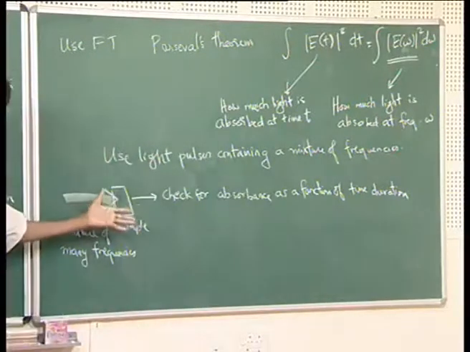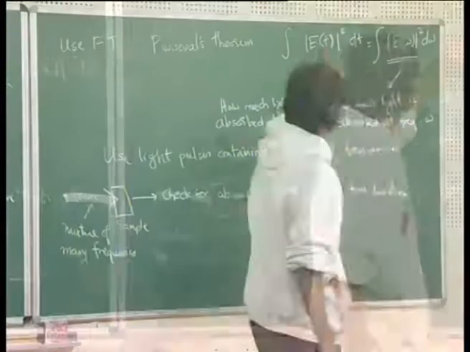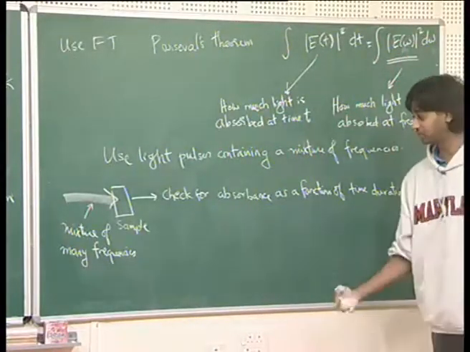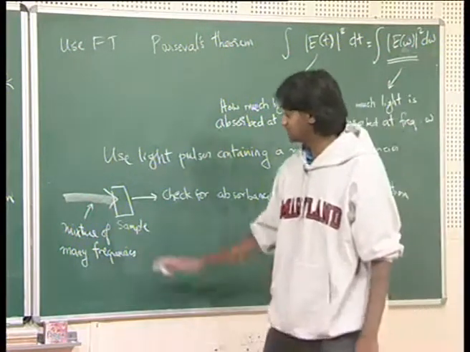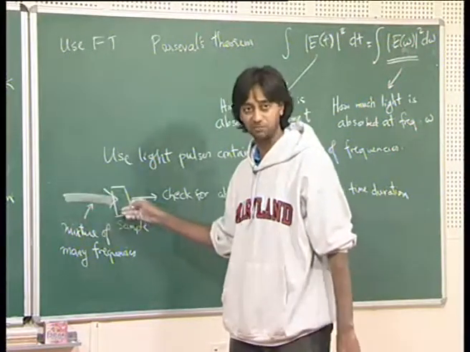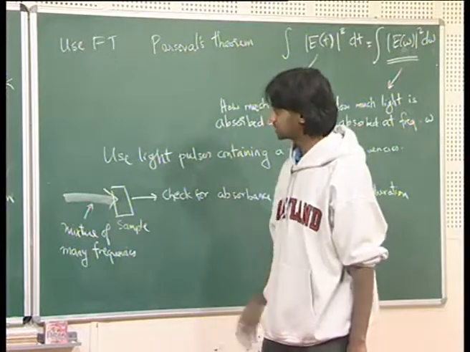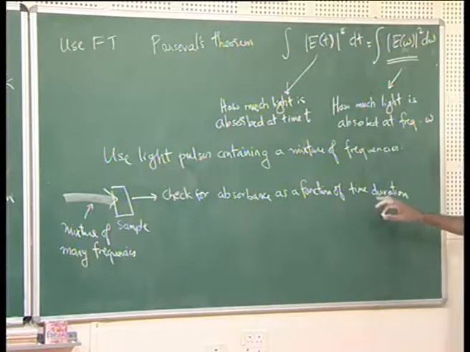From this you can Fourier transform that information to get how much light is absorbed at a certain frequency. This is much easier to do, because you do not have to keep sending different frequencies, you just send pulses with a mixture of known frequencies. There are more details, but I just wanted to mention that Fourier transforms are very useful in spectroscopy.